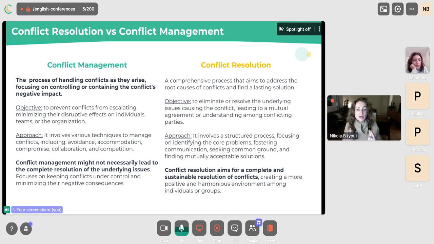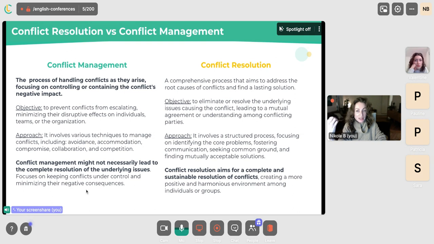Accommodation, compromise, collaboration, and competition. So avoidance is one end of the spectrum, and competition is the other, where you have the attitude that you want to win no matter what. We're not going to go into these in detail because I want us to focus more on conflict resolution.